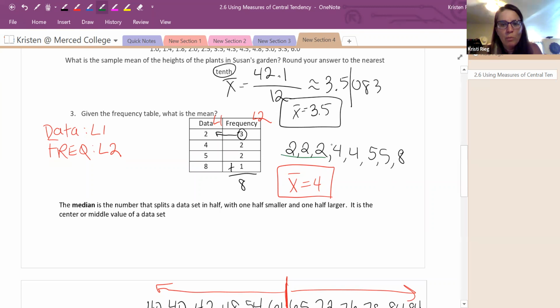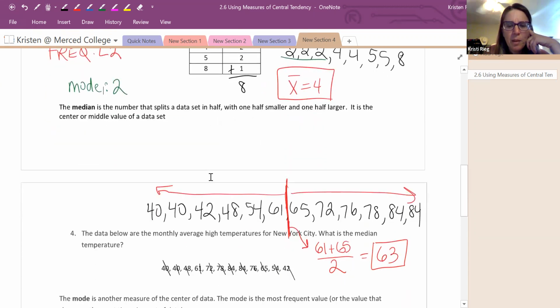There's more 2s than anything else. So the mode, I'll just write it here, even though it didn't ask, we just did it. The mode for this list would be 2 because there's more 2s than anything else. Don't say 3. 3 is how many times it occurs, but 2 is the actual data value. In fact, there's no 3s. If I look at my list, there's no 3s at all.